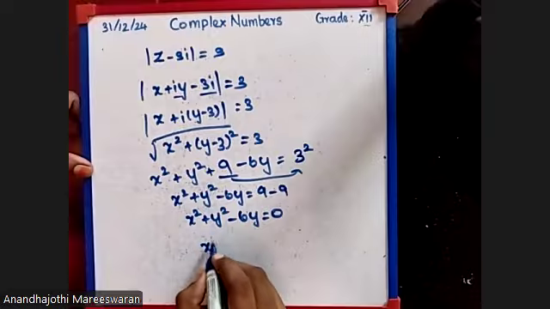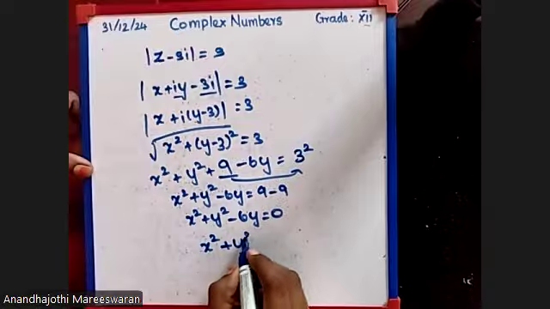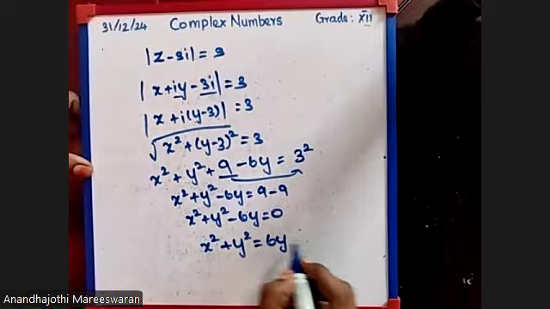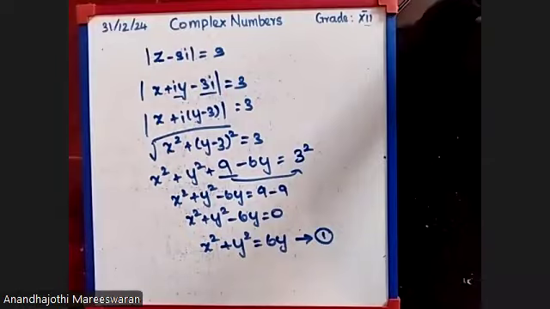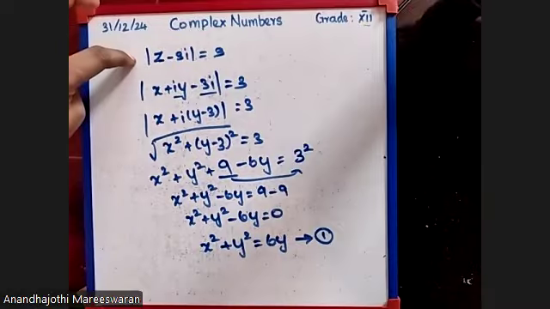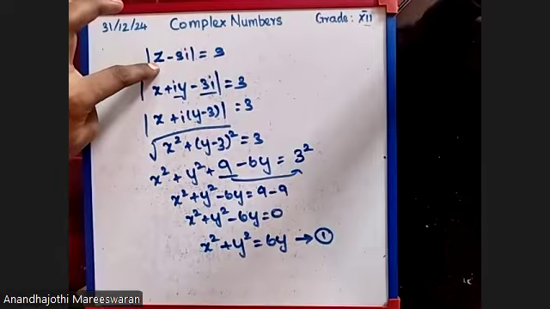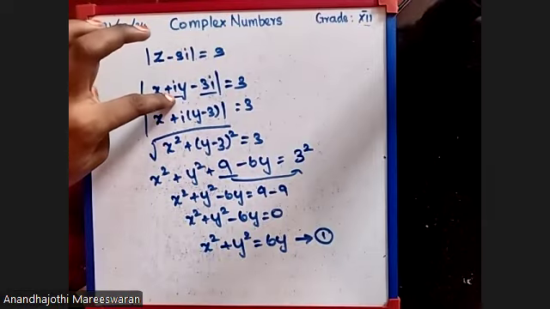I am going to rewrite it as x squared plus y squared equals 6y, and note it as equation 1. Everybody clear? I just took what is given in the question, modulus of z minus 3i equals 3, replaced z with x plus iy, and separated the real and imaginary parts.